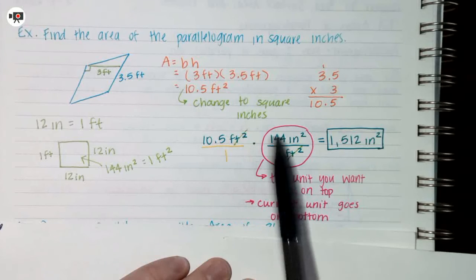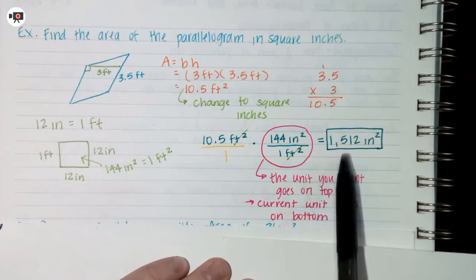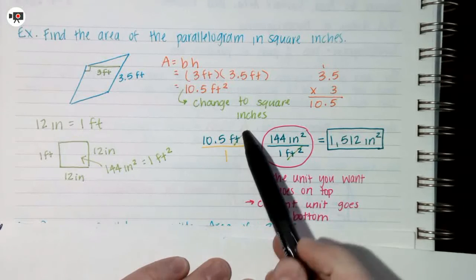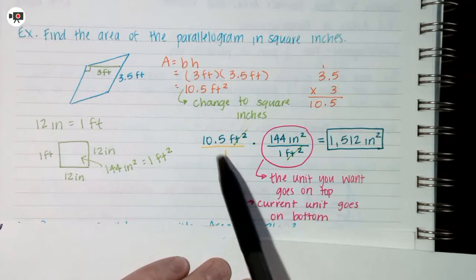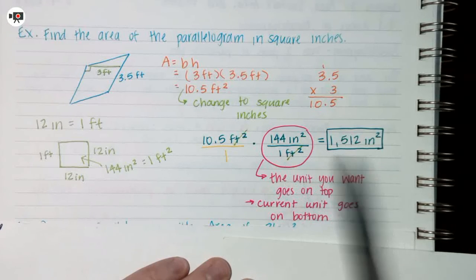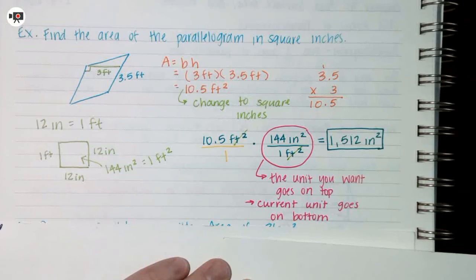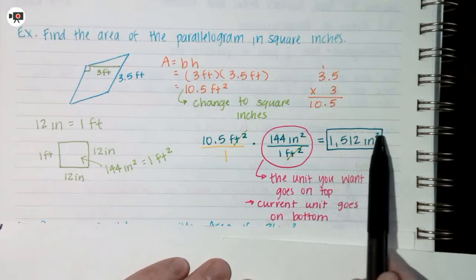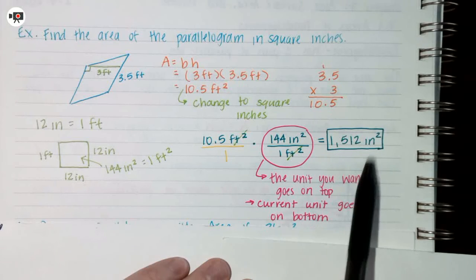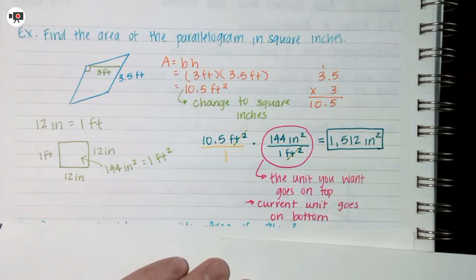So when I multiply 10.5 by 144, you get 1,512. The feet cancel with feet. Multiplying the bottom is 1. So I don't have anything in the bottom of the fraction. So this is my answer, and it is in square inches, just like it said.